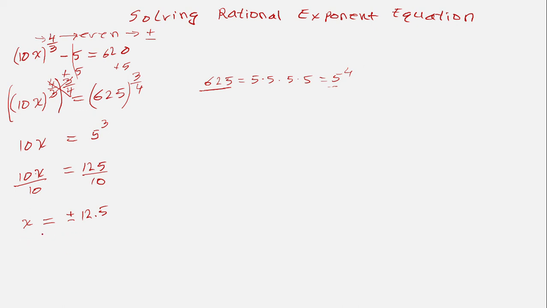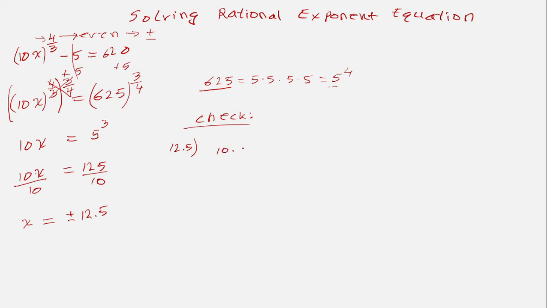Now we shouldn't say these are our answers because we didn't check. So now we need to check for extraneous solutions. So let's do 12.5 first. We just take that number and put it into our original problem.